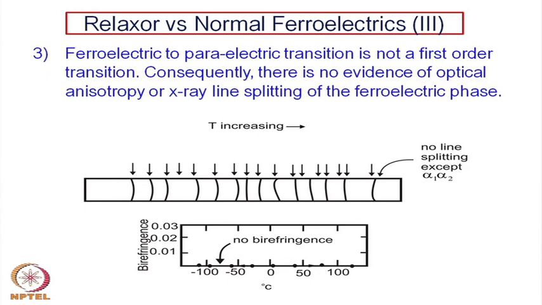Okay. So, the optical refractive index is not dependent on the particular crystallographic direction. Okay. So, this is another, third point of difference between the normal ferroelectrics and the Relaxor Ferroelectrics.